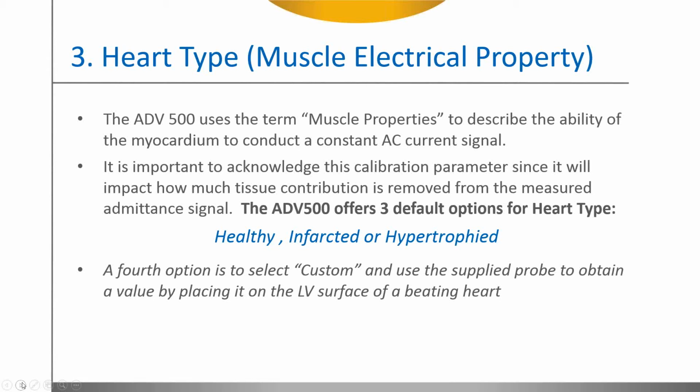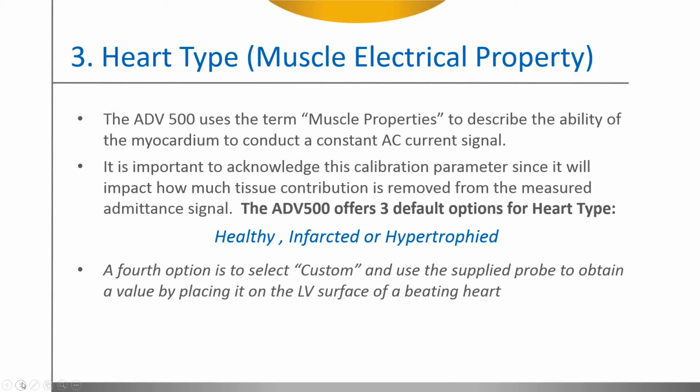Now, it's important to acknowledge this calibration parameter, since it's going to impact how much tissue contribution is removed from your measured admittance signal. The ADV offers 3 default options based on heart type. There's a setting for healthy, there's a setting for infarcted, and there's a setting for hypertrophied, which covers the majority of situations that we run into.